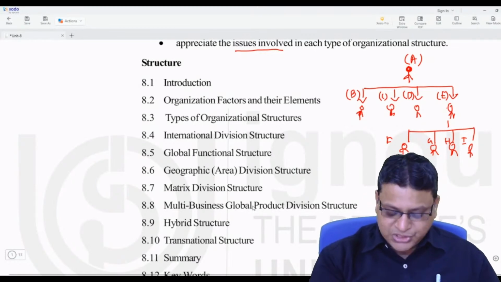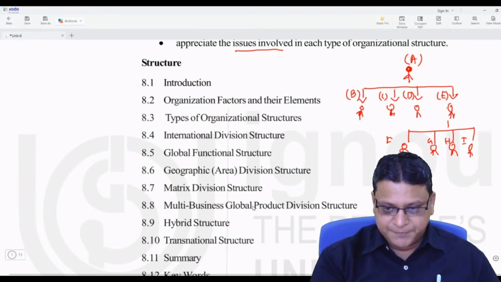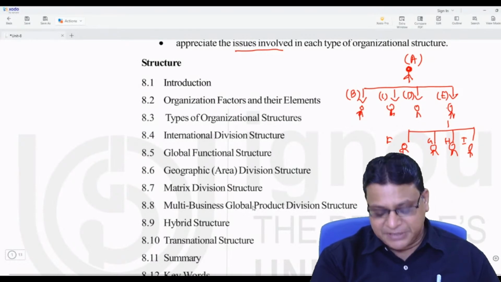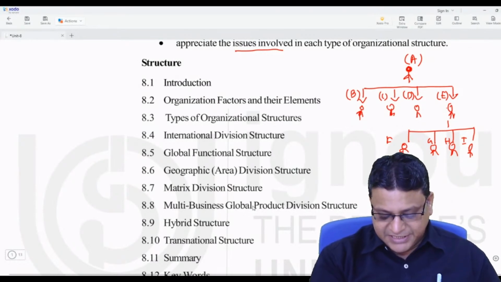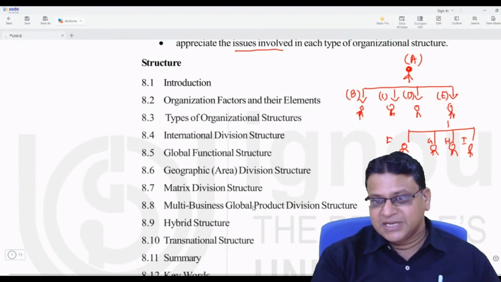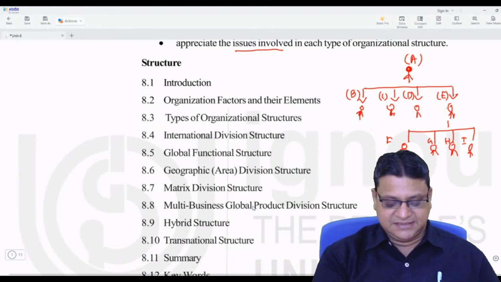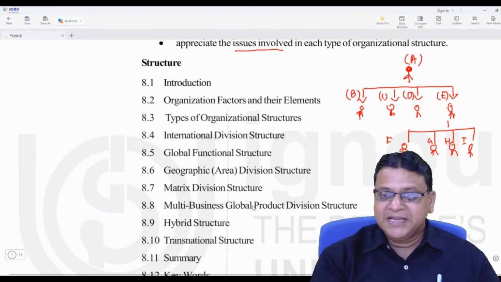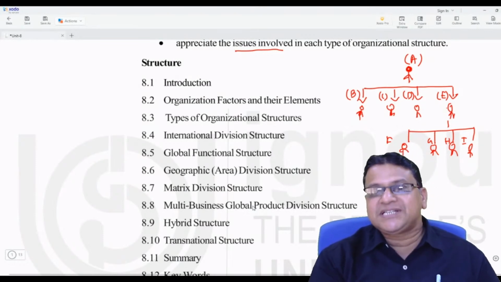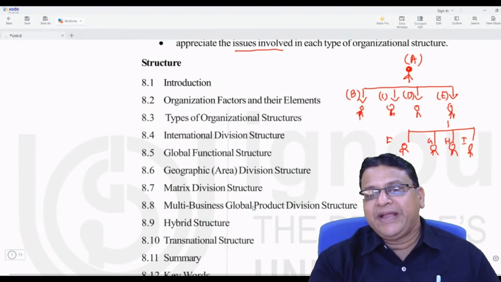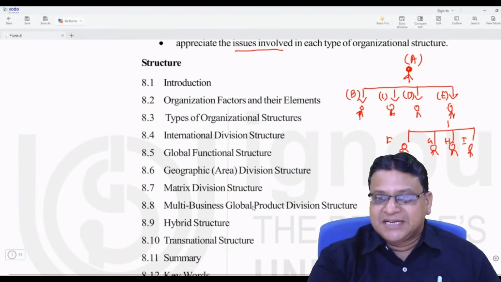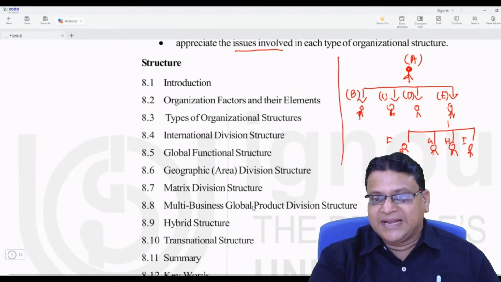It sets the rules and relationships that exist in an organization. It shows how a company is organized and how decision making is done.